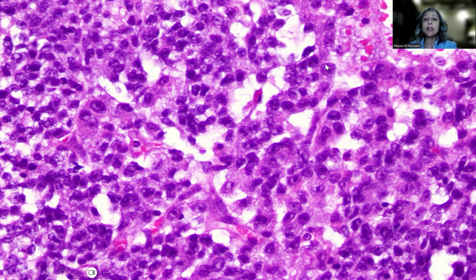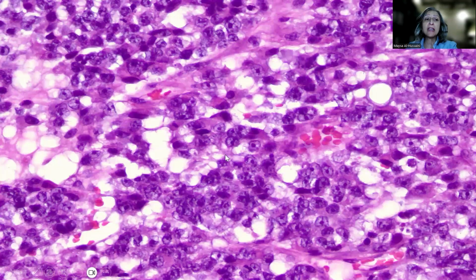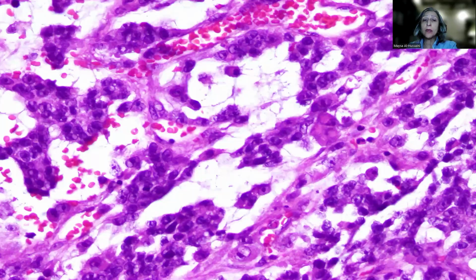We have this vesicular nucleus and the prominent nucleolus, and then we have this myxoidish, vacuolated background that became even clearer, with cells with the prominent nucleolus and the vesicular nucleus, and some of them have abundant acidophilic cytoplasm. Again, here it was very much reminiscent of typical atypical teratoid rhabdoid tumor cells.